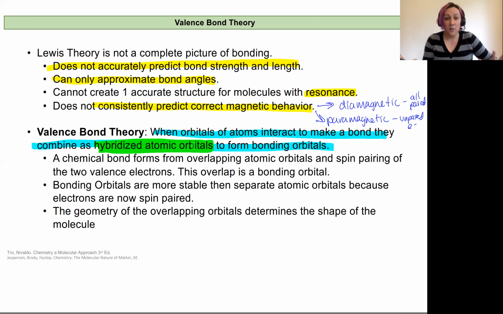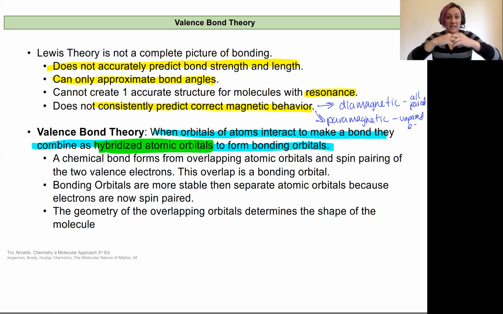It means that a chemical bond is going to form from overlapping atomic orbitals within the atom, so those are our s, our p, and our d. And the unpaired valence electrons in those s, p, or d orbitals would then spin pair and become a little bit more stable in that overlapping orbital and create a bonding orbital. So it's really about bringing those orbitals together.